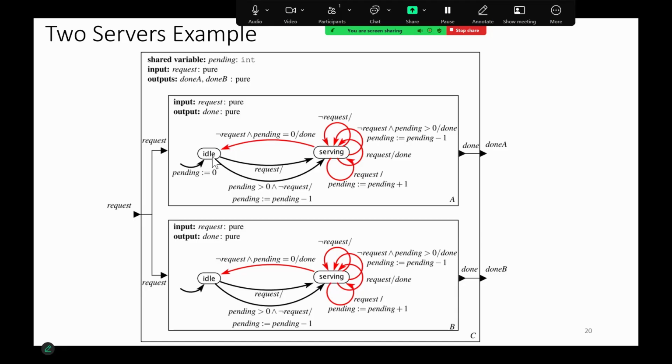So if we have two states at each server and the request goes to both, if it's idle and gets a request, we will go to serving. If there is no new request, we will continue in serving.